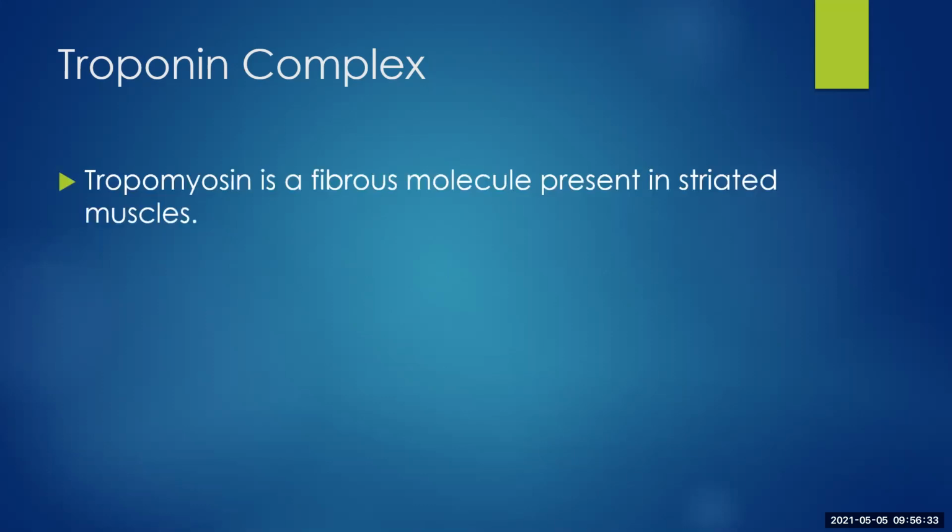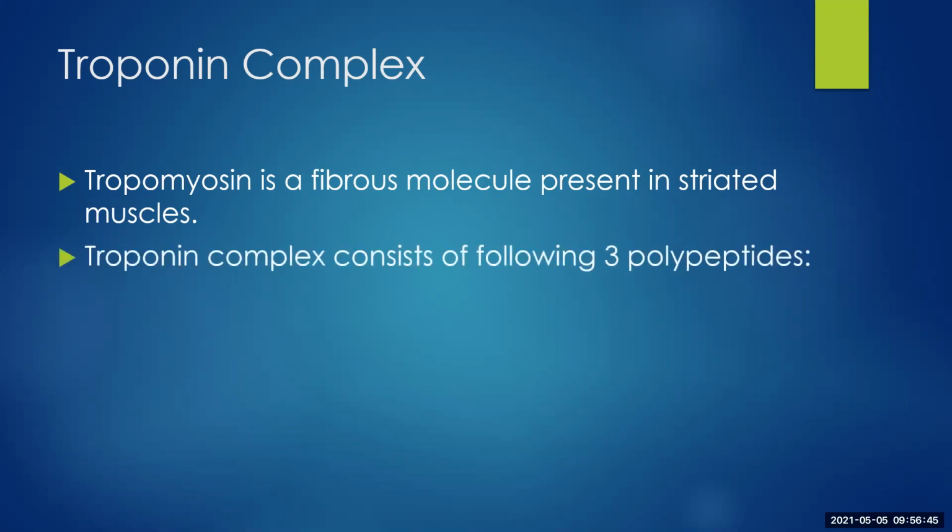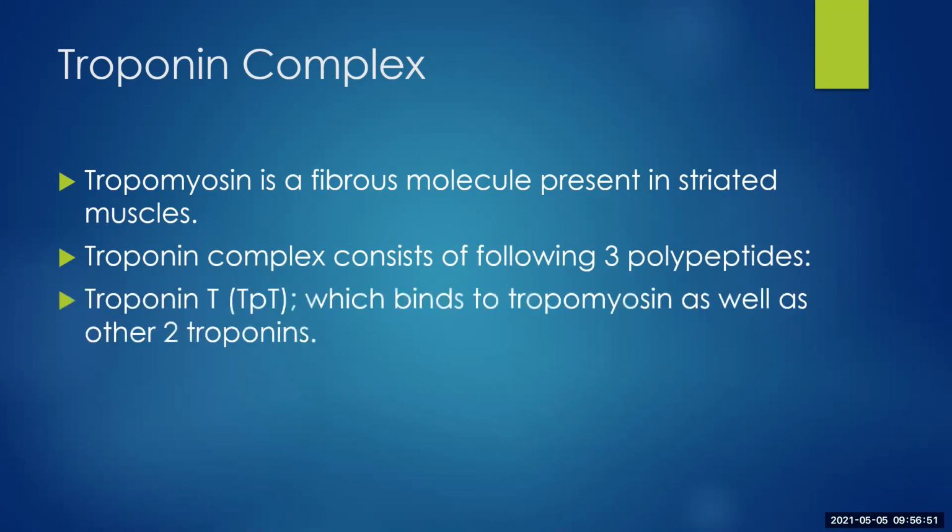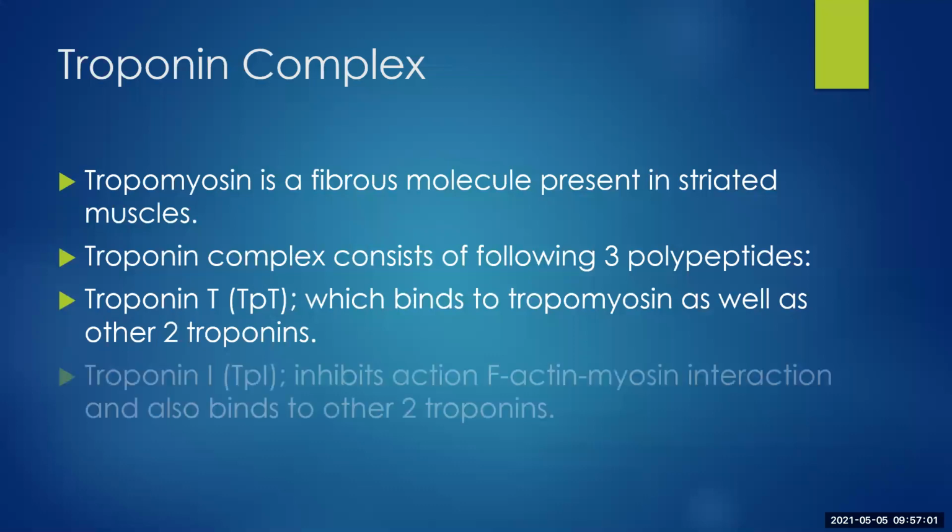Troponin is derived from tropomyosin. Tropomyosin is a fibrous molecule that is present in striated muscles, both cardiac and skeletal muscles. So the troponin complex contains 3 polypeptides. Troponin T or TnT binds to tropomyosin as well as to the other 2 troponins in the complex.